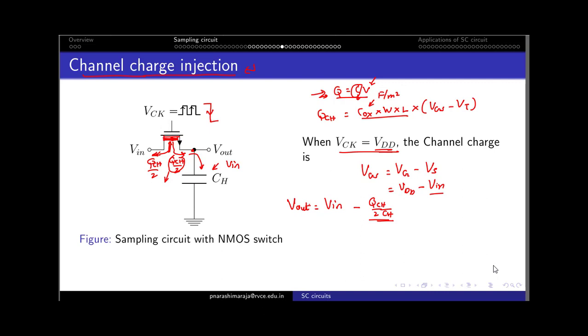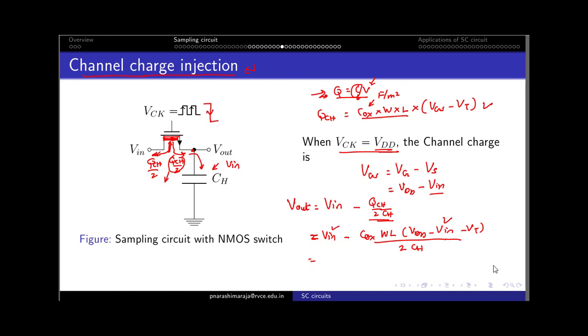Now let us try to re-represent this channel charge with appropriate expressions. I'm just trying to expand this Q_CH, so I'm going to take out this Vin term in common.